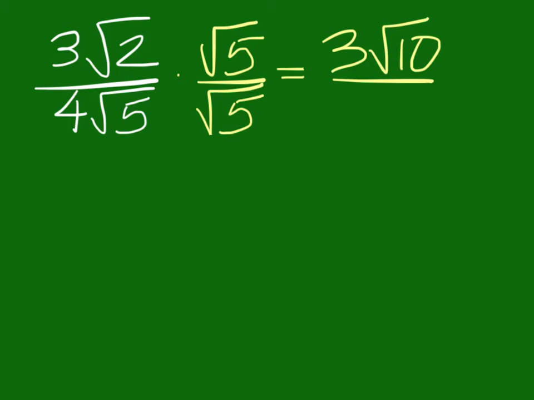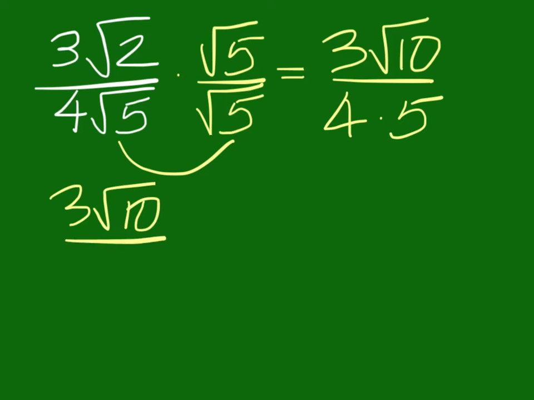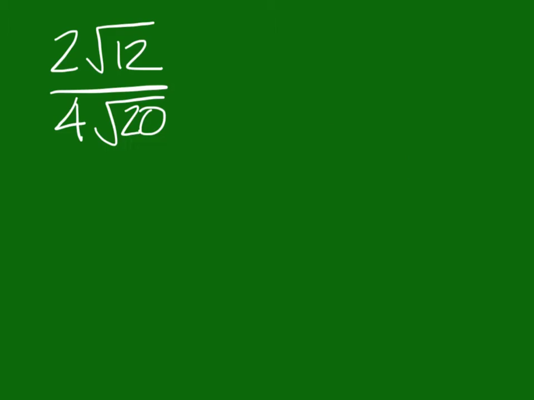And then on the bottom, you're going to have 4 times 5. This times itself is simply 5. Now, on the bottom, you'll have 20, and there's nothing else you can do to it because square root of 10 cannot simplify, and 3 over 20 cannot simplify. That's your final answer.